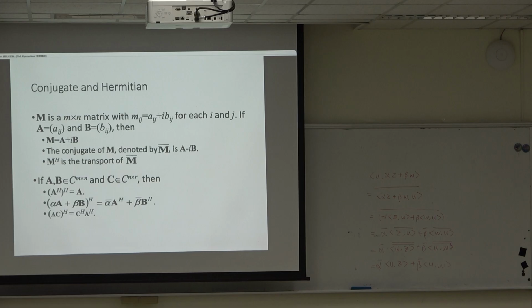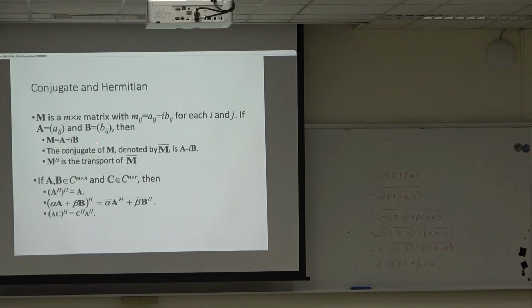As you can see, each element in the matrix is a complex number. Obviously you can write M equal to A plus iB, separating elements into a real part and an imaginary part.